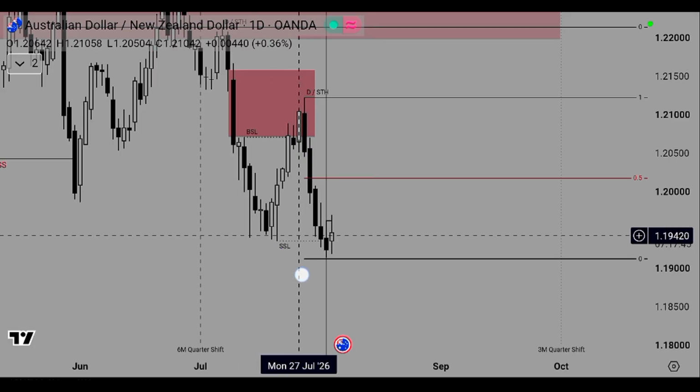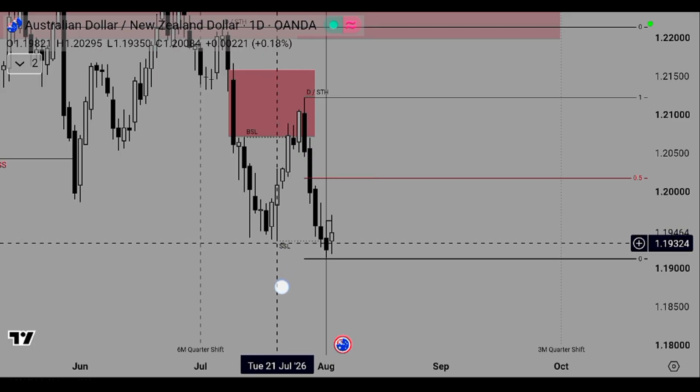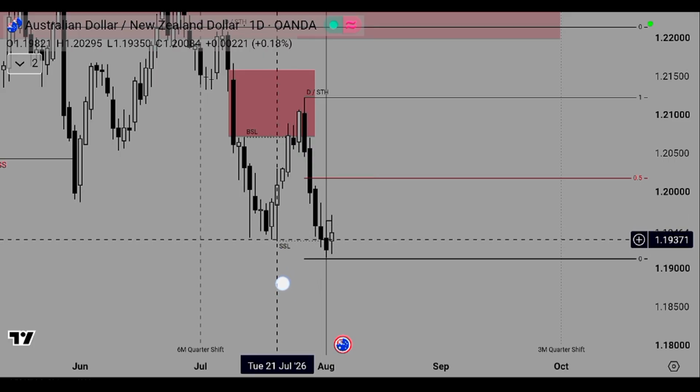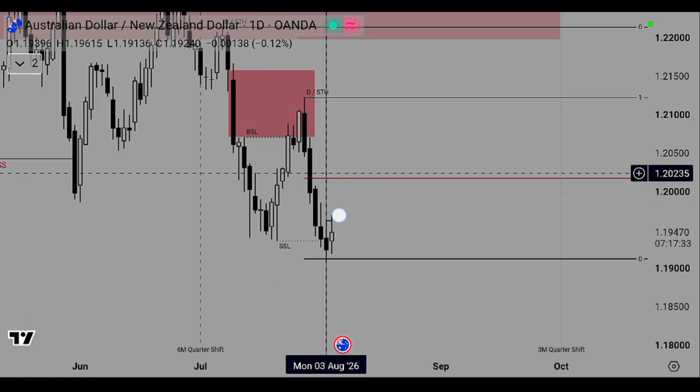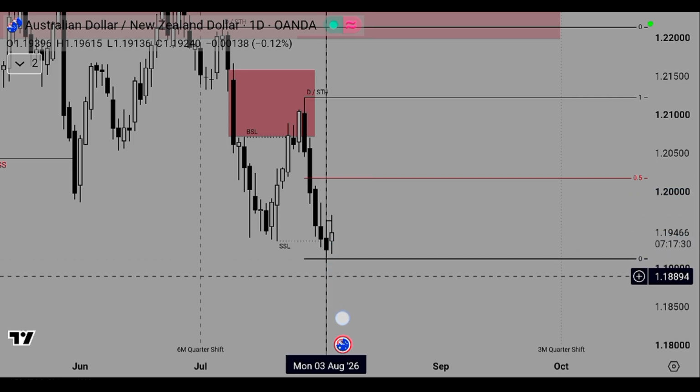This sell side liquidity is not a simple sell side liquidity. It is the monthly, last month low, and our this month's start is this vertical line, 3rd August.